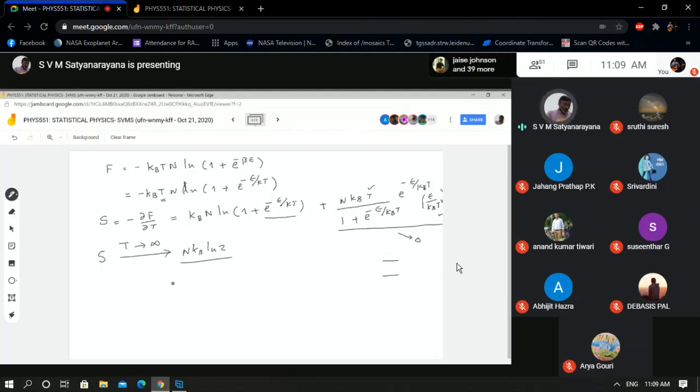What happens in the limit T tending to 0? If T tends to 0, the second term will be infinity because there will be 1 by T there, and in the first term again e raised to infinity will be coming.